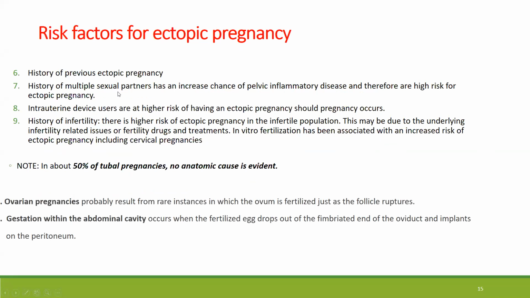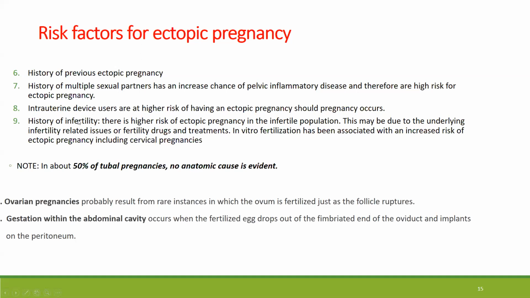A history of multiple sexual partners is a risk factor of ectopic pregnancy, as it increases the chance of pelvic inflammatory disease. IUD, intrauterine device, is also a risk factor for ectopic pregnancy. History of infertility is a risk factor for ectopic.